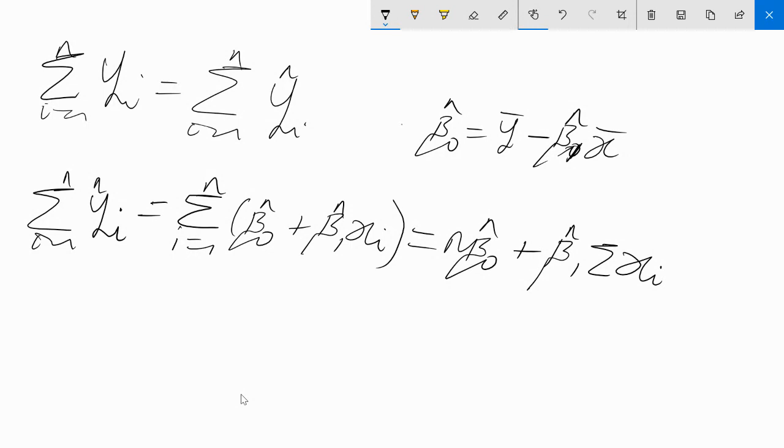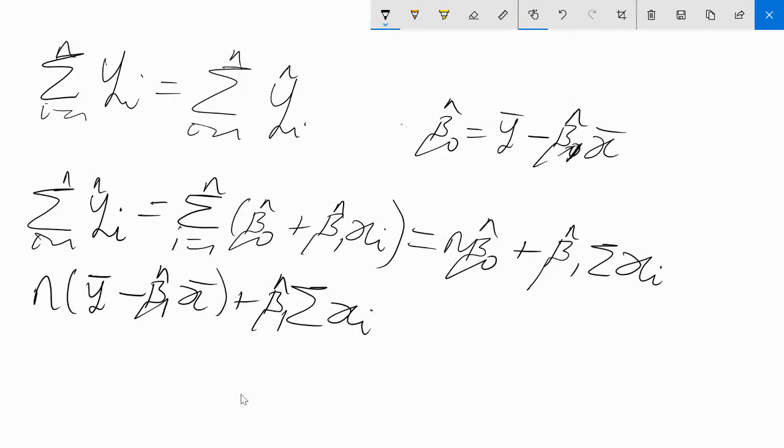As you can see, there's n multiplied by beta 0 hat, which means we can multiply this thing by n. I will substitute for beta 0 hat by y bar minus beta 1 hat x bar, plus beta 1 hat summation of xi, which is equal to n multiplied by y bar.